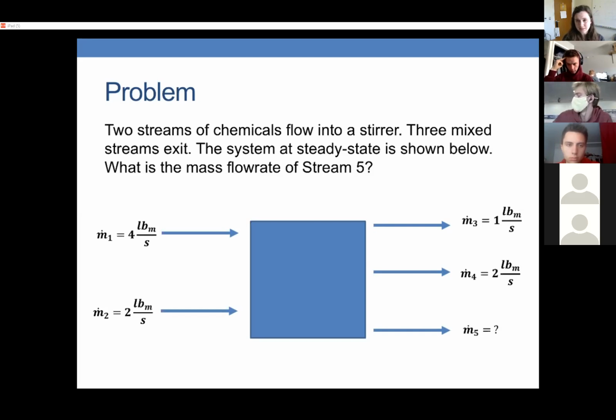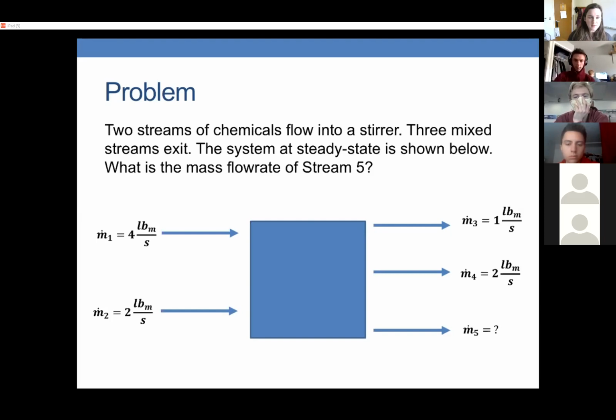All right, I think there are two students who haven't voted. I'm going to give them until 55 seconds. All right, so we have unanimous, that is 3 pound mass per second, which is the right answer.